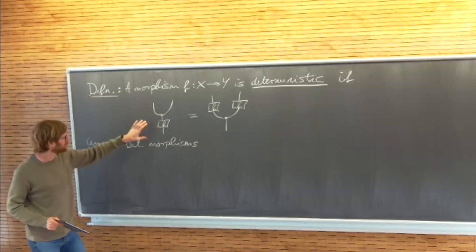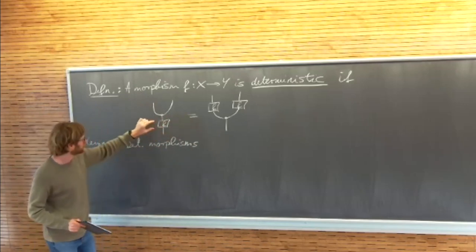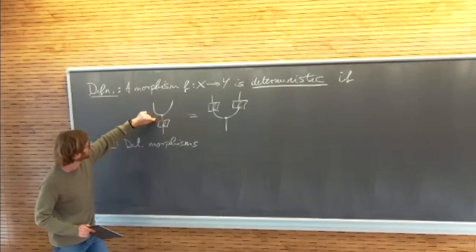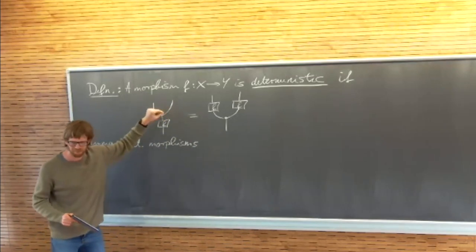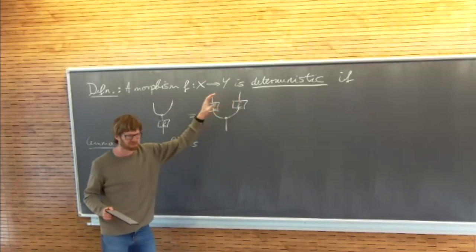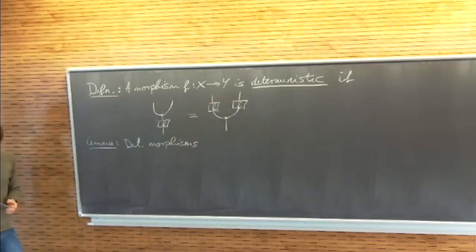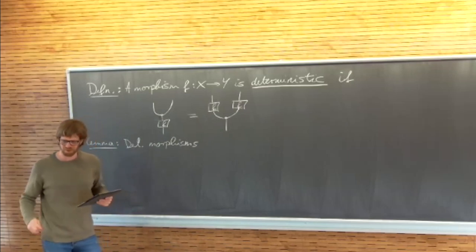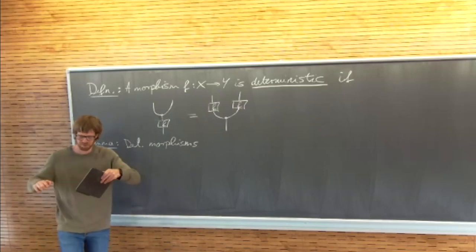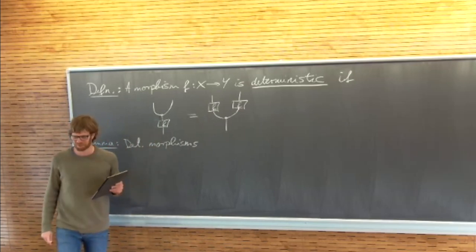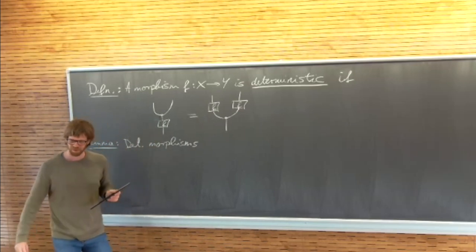And the proof is just a simple string diagram manipulation. I imagine I have another G on top of this. Then I can first pull the G through the copy and then the F, and then I get both the G and the F on top. Okay, but in fact, more is true. They're also closed under the parallel composition, or the tensor product, and there's a similarly simple diagrammatic proof of this.